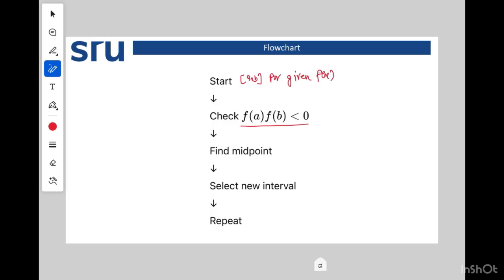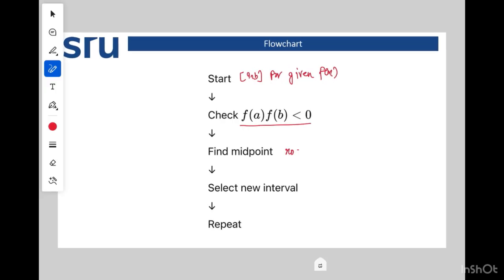If f(a) into f(b) is less than 0, meaning they have opposite signs, then we can find the midpoint x naught equal to a plus b divided by 2. Now check the function value at x naught. If f of x naught equal to 0, then stop here, because x naught is now your exact root.